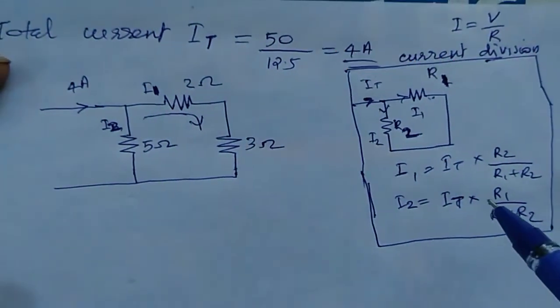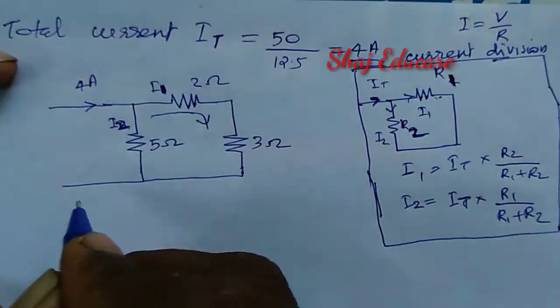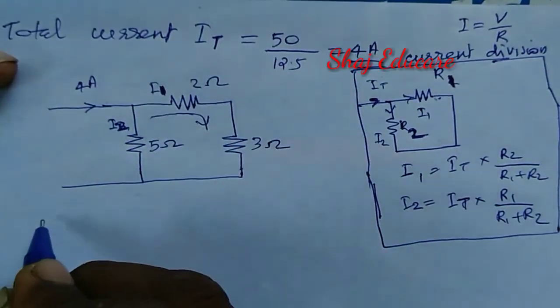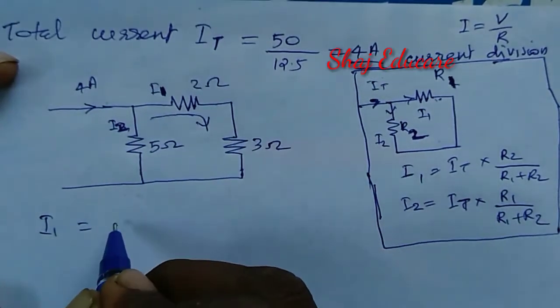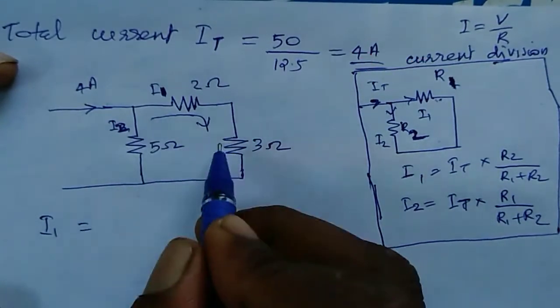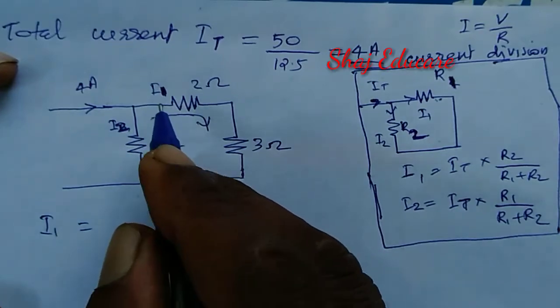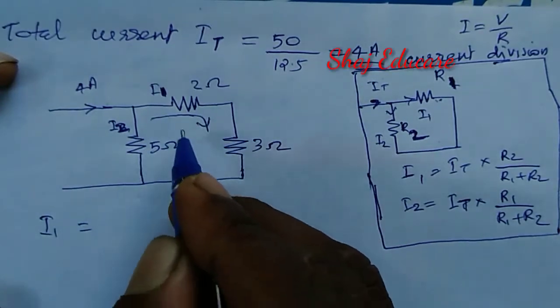Let us apply this formula in our case. Then we can find the current I1, the current flowing through this loop. That will be equal to the opposite resistance. The resistance opposite to this branch is this 5 ohm resistance.